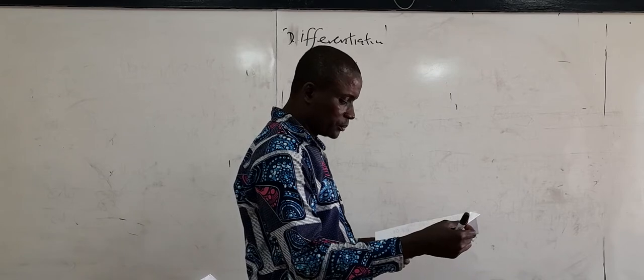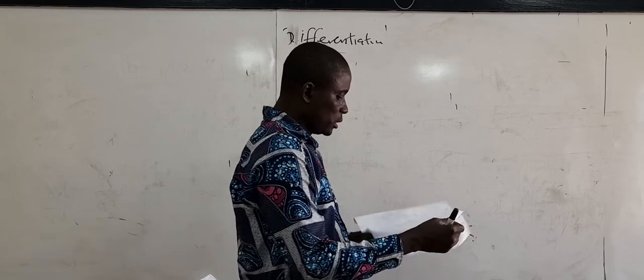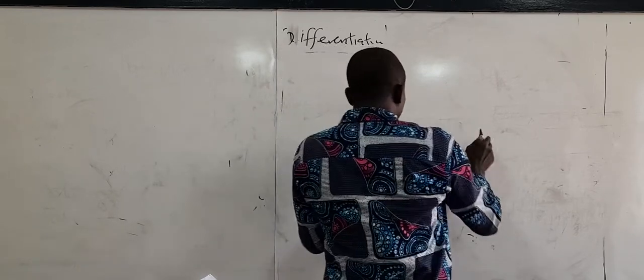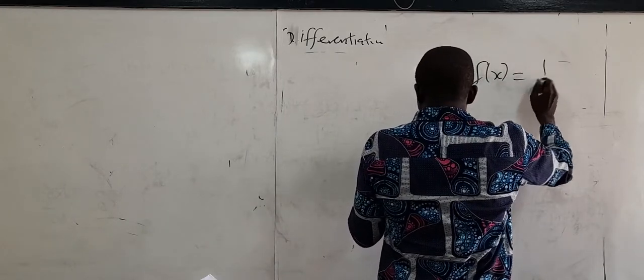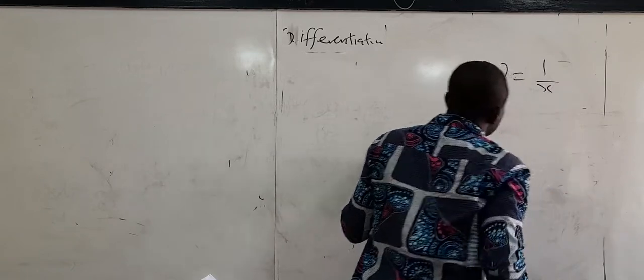There's another one here. We said you have to differentiate from first principles f(x) equal to 1 over x.